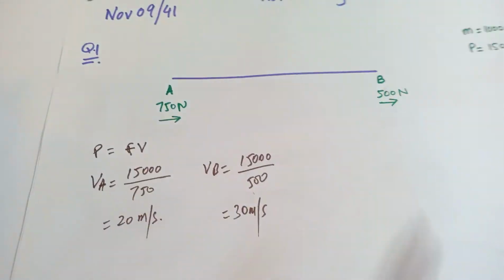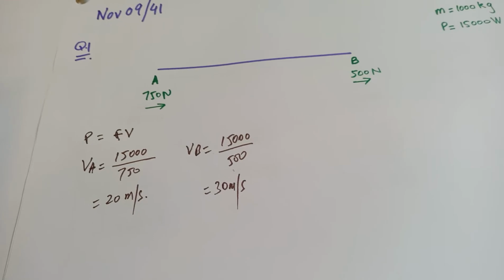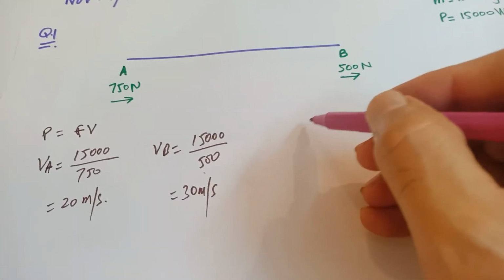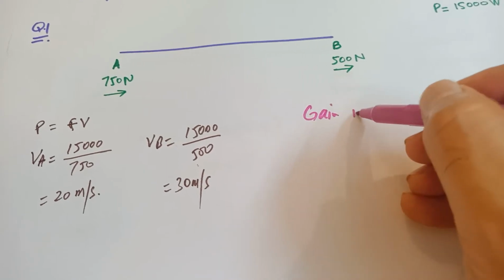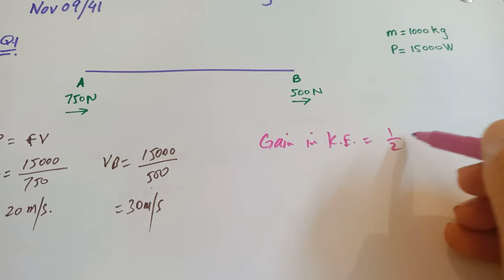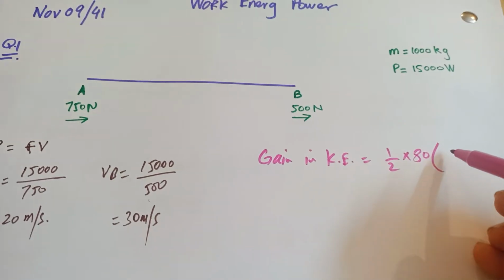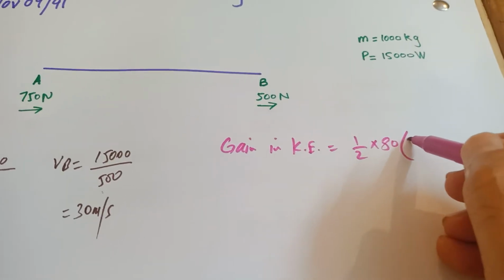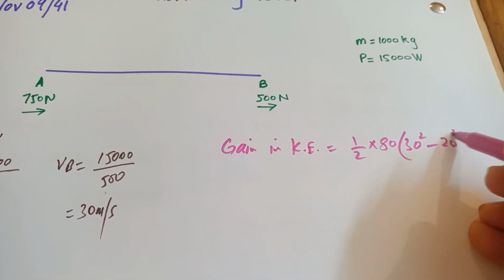So there is definitely a gain in the kinetic energy. The gain in kinetic energy is half into the mass, which is 1000, and the final speed, which is 30, so that is 30 squared, and the initial speed is 20, that is 20 squared.